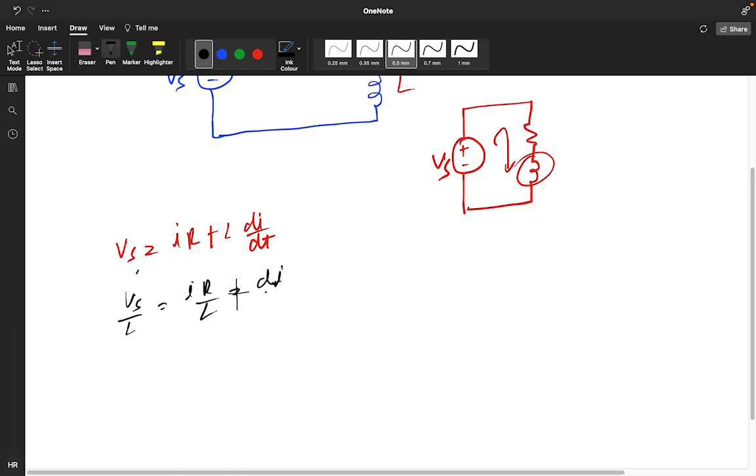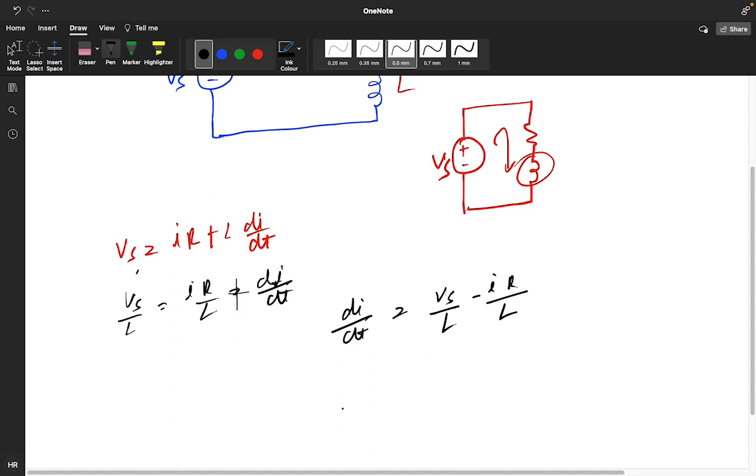So you have the differential equation di by dt equals Vs by L minus I into R by L.